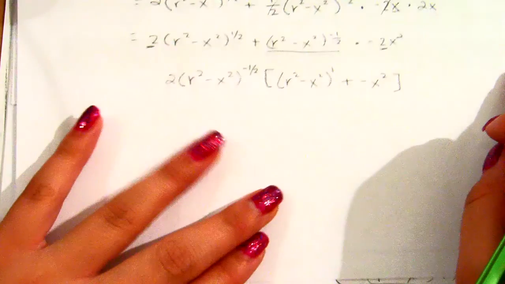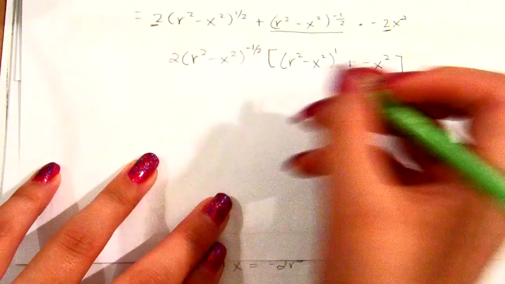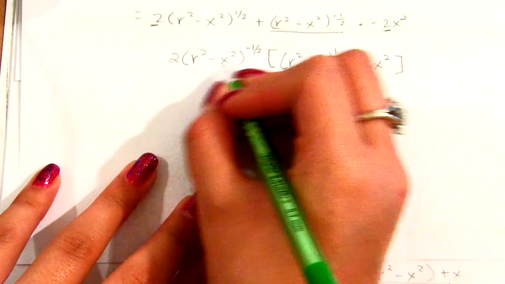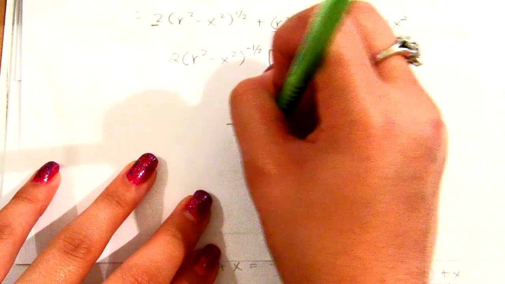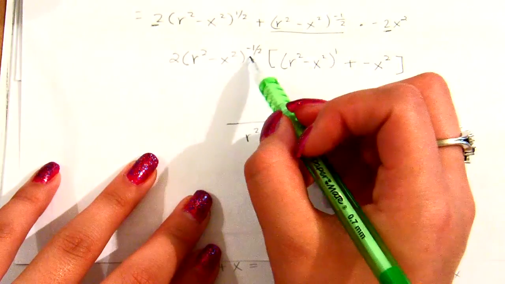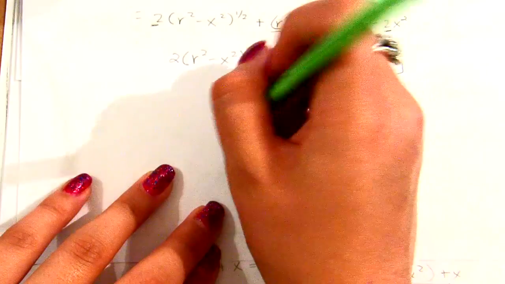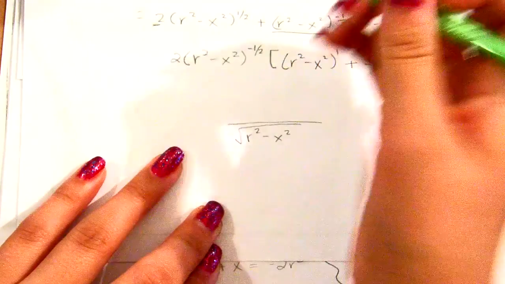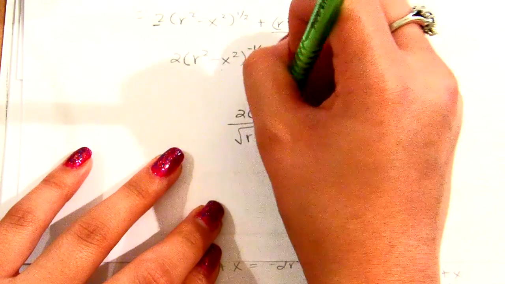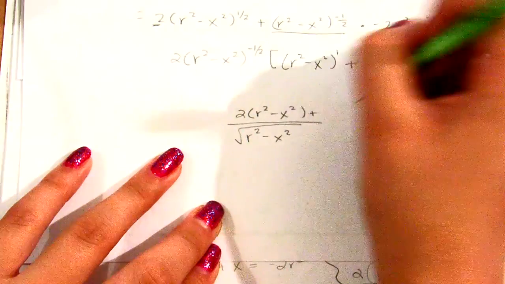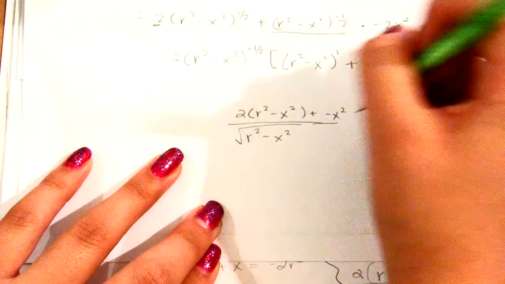Now we can further simplify this by taking whatever has a negative exponent and putting it at the bottom of the fraction. And we know that 1/2 is the same thing as the square root. So we're left with 2 times (r squared minus x squared plus negative x squared) at the top.